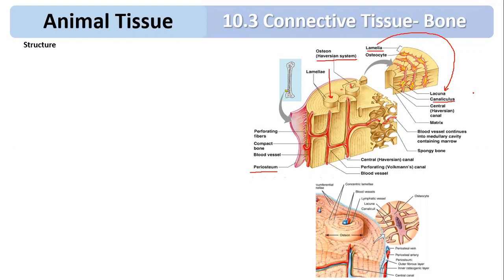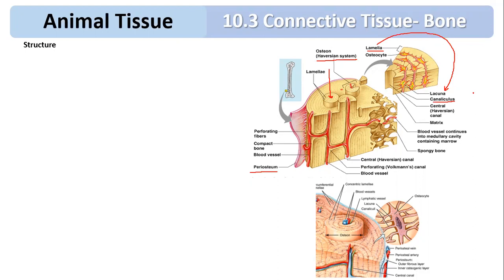Now coming to the next part, the matrix. Bone shows a hard, solid, calcified matrix called ossein. That hardness is because of the presence of an inorganic mineral called hydroxyapatite, which is a calcium phosphate derivative.